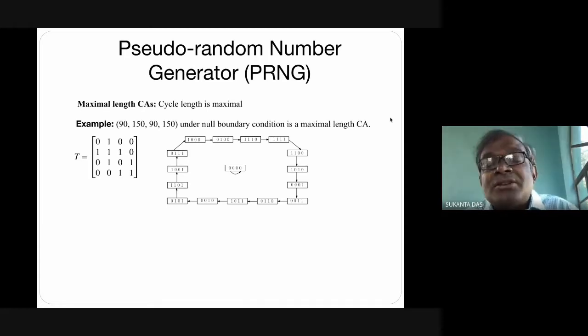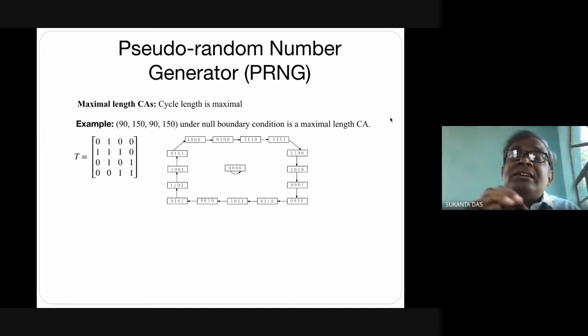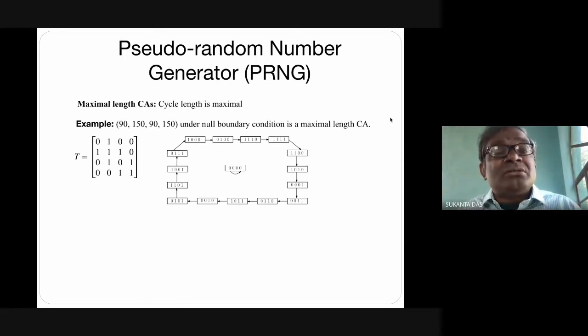And you can see the state transition diagram. If you start from any configuration except all-zero, which is the trivial one and you always have to exclude it, you will see that the remaining configurations appear one by one. From one configuration you are getting another new configuration, and from that another new one, as if you have all non-zero configurations in one basket.